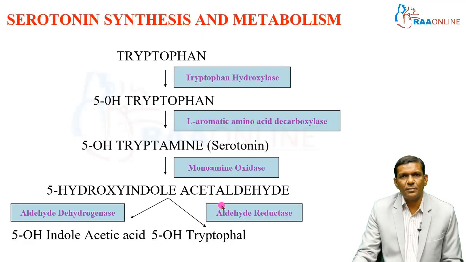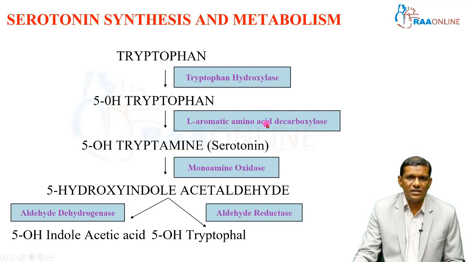Coming to the synthesis of serotonin. Tryptophan is obtained from the diet. Tryptophan is converted to 5-hydroxytryptophan by the enzyme tryptophan hydroxylase. This 5-hydroxytryptophan is then converted to 5-hydroxytryptamine, otherwise called serotonin, by the dopa decarboxylase enzyme. This enzyme is common for the metabolism of the catecholamines like dopamine and norepinephrine. Once serotonin is formed, it gets metabolized by two pathways.